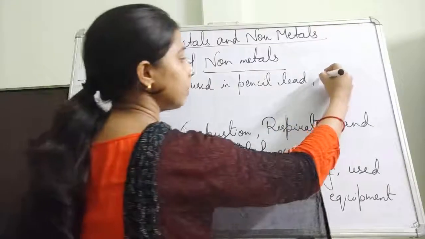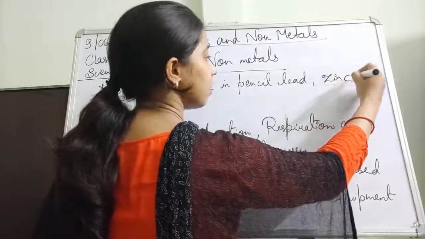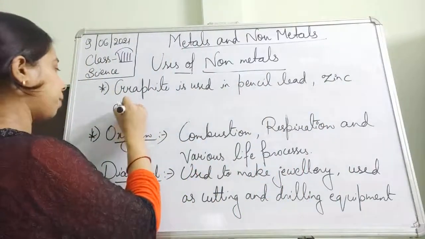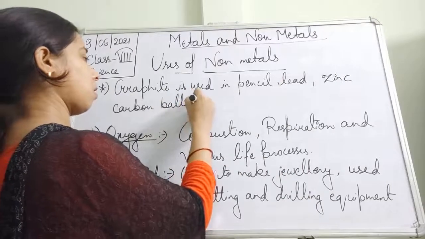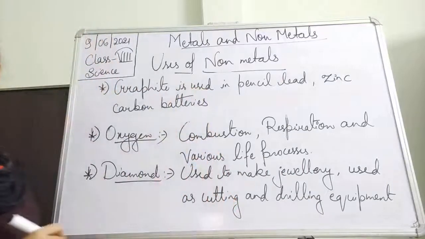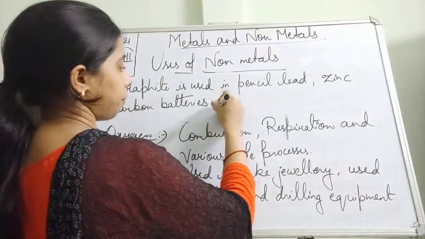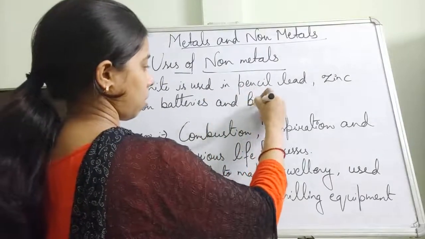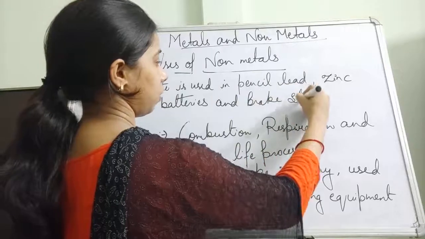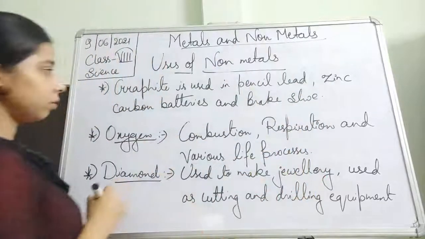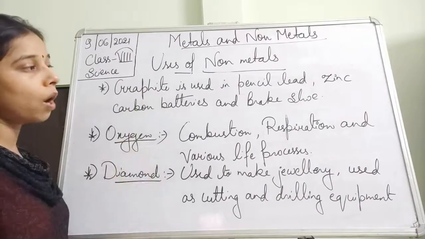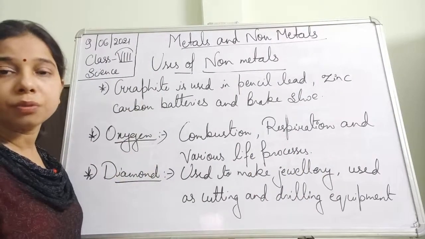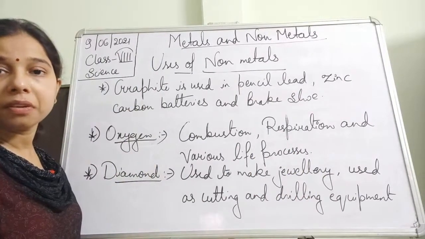So we can write it as zinc carbon batteries and brake shoe. These two are forms of carbon, so we can say that these are the uses of carbon.